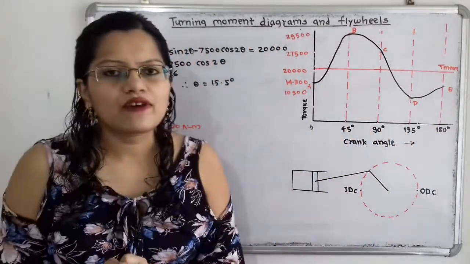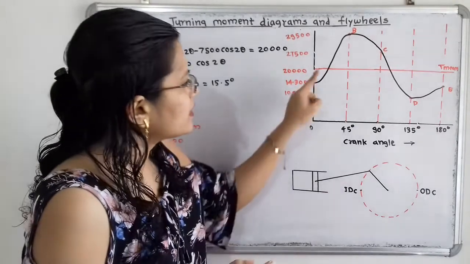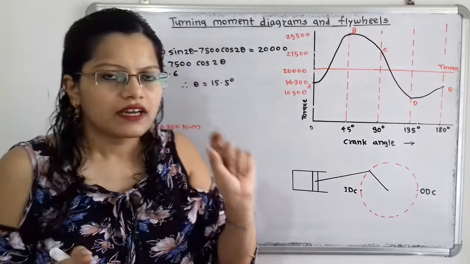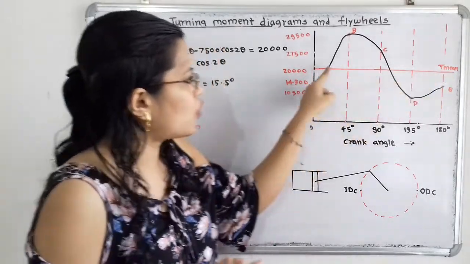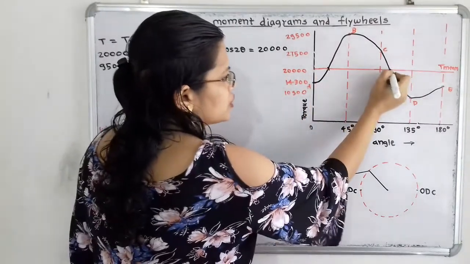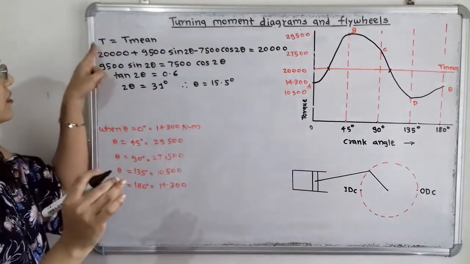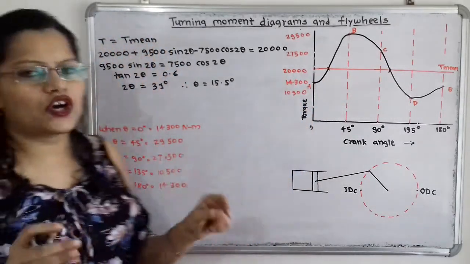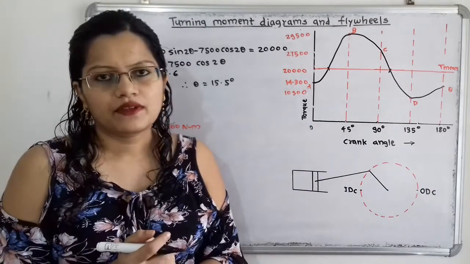Now we have to find out the value of crank angle theta when there is the mean torque. So this is the point of intersection, and we have to find it out. When our torque equation is equal to mean torque, we will get that value of angle theta.